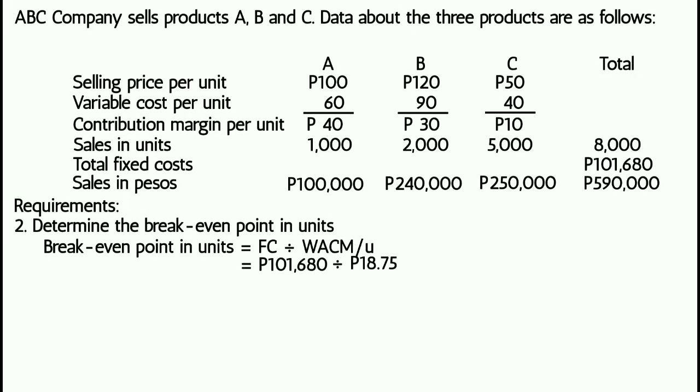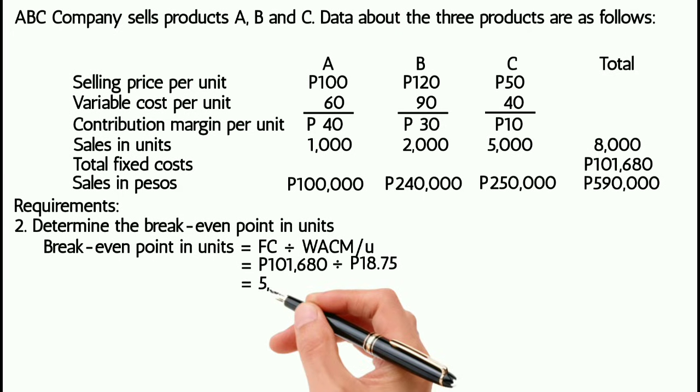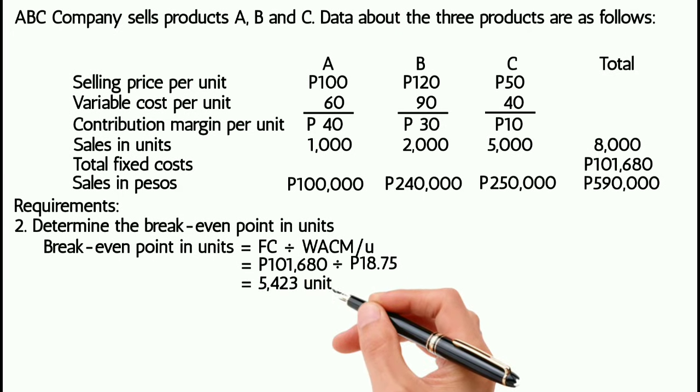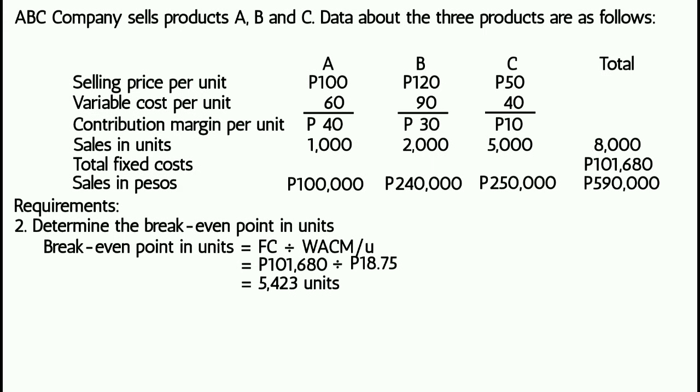5,422.93 units. Since units ang pinag-uusapan dito, it is better kung i-round off nyo na sa whole number. That is 5,423 units. And that is the answer in requirement number 2, 5,423 units.